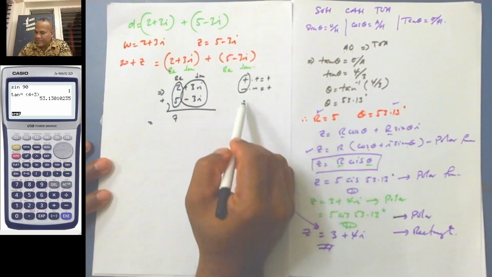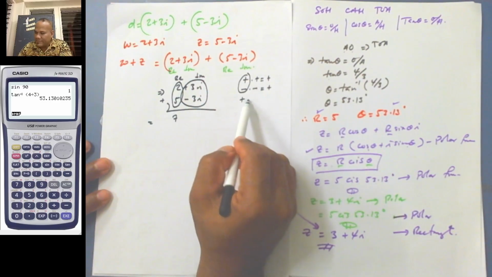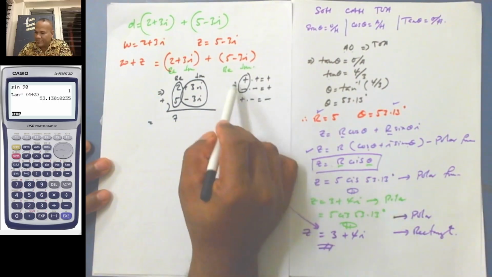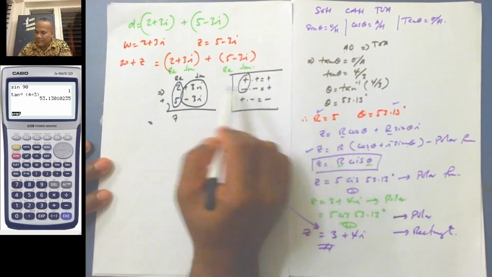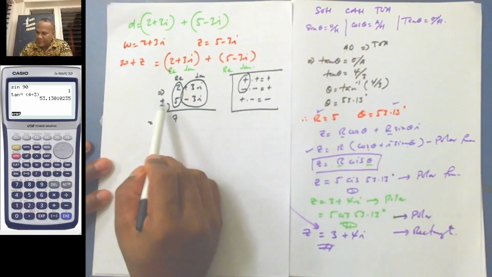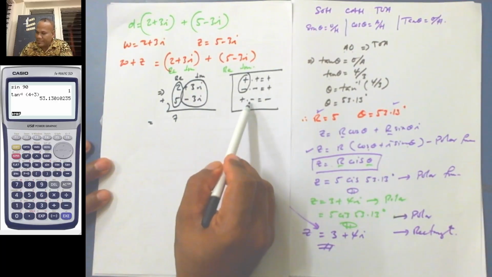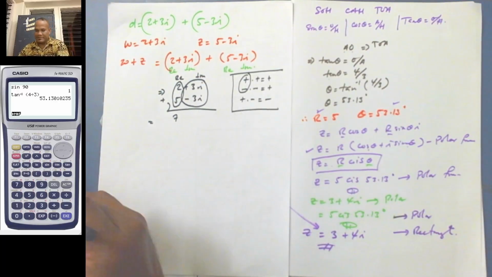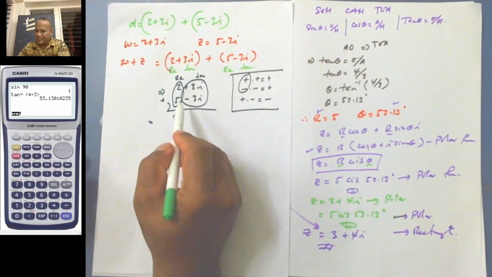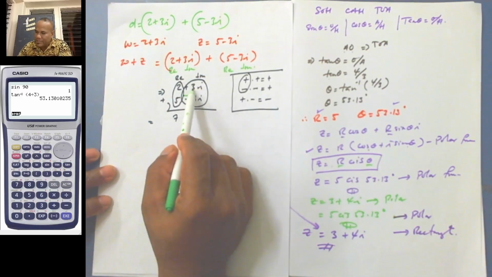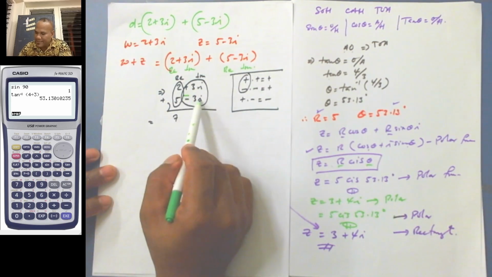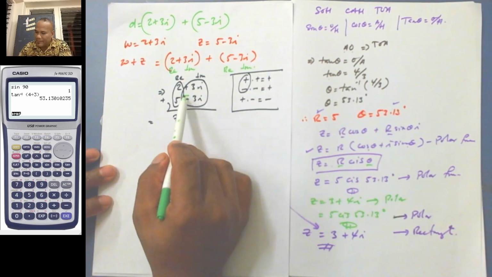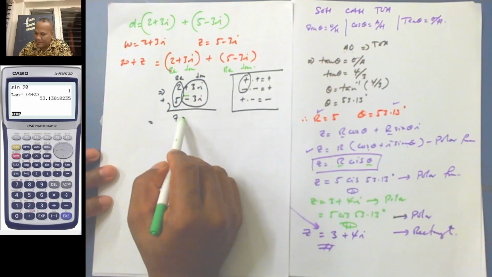But positive times a negative will give me a negative. We'll apply it here, so our value here would be negative. So 3i minus 3i: 3 apples minus 3 apples is 0 apples.